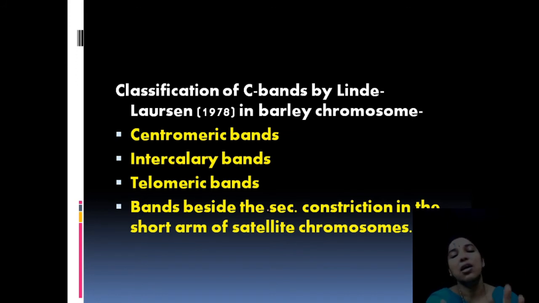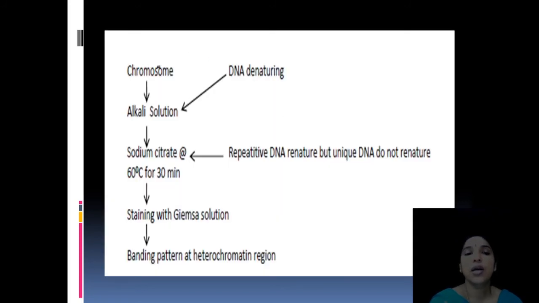These are the four visualized C-banding regions according to Lindlorsen in his study of barley chromosomes. Looking at all these parts, you can see these are the regions where repetitive DNA is located. See, chromosomes are denatured in alkali or acid solution, then sodium citrate is applied for renaturation. Unique DNA does not renature, only repetitive DNA renatures, at 60 degrees centigrade for 30 minutes.